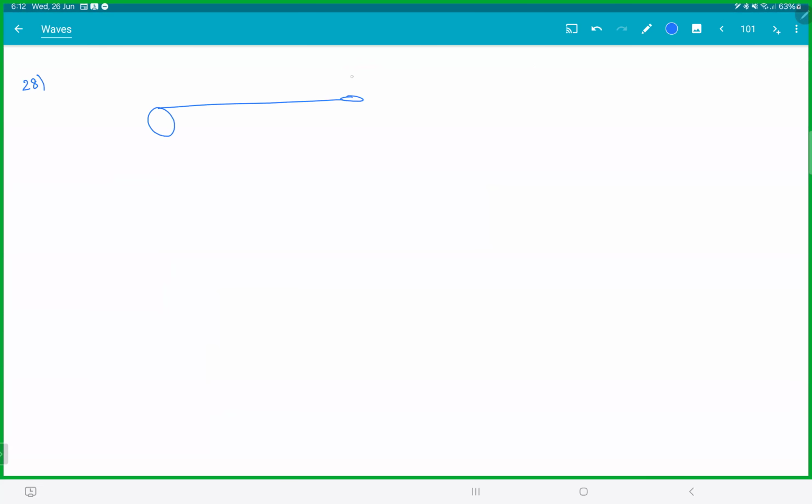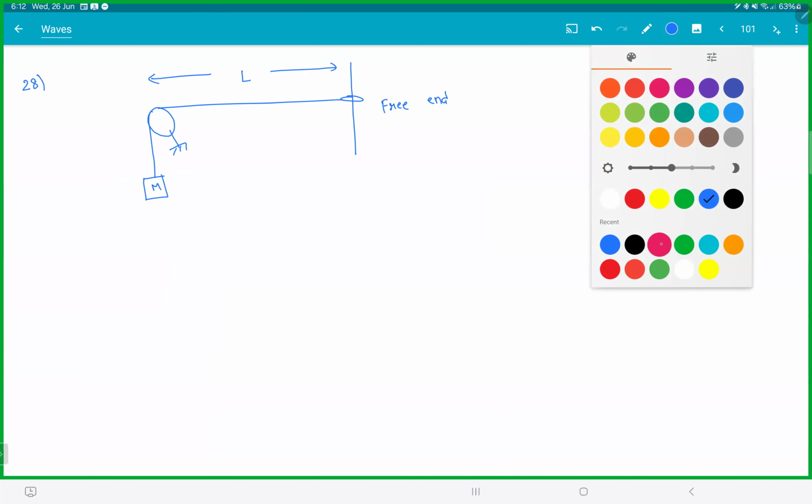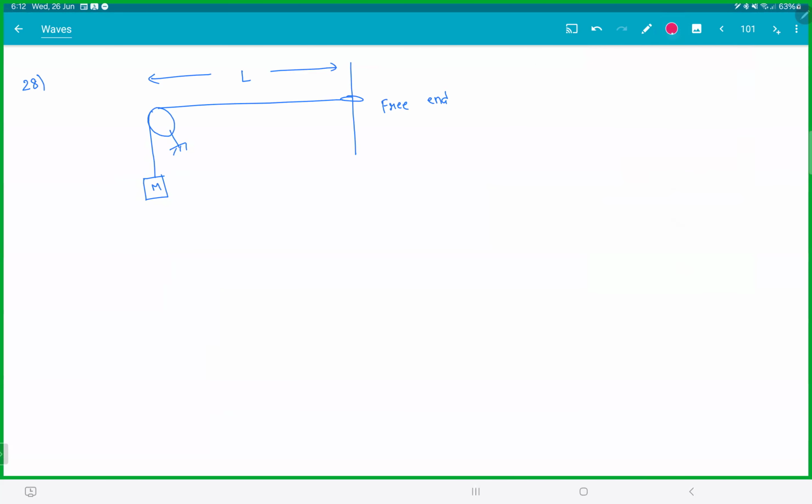What if this side is not a fixed end, but a ring? Length of the string is L. So find the harmonics for this.